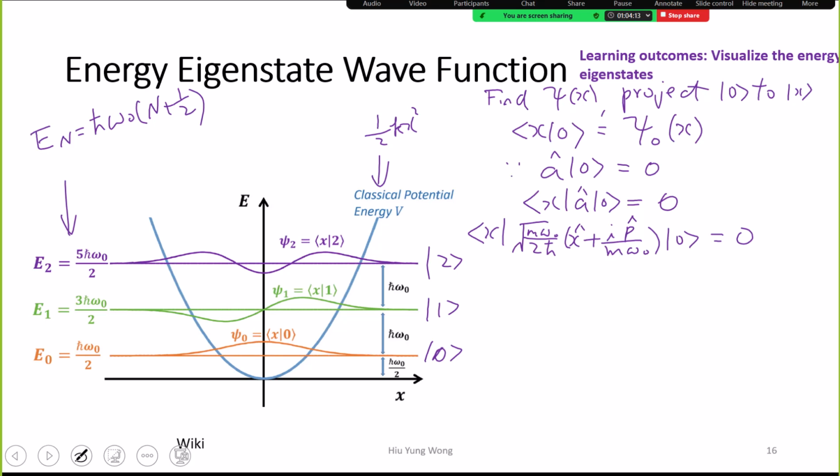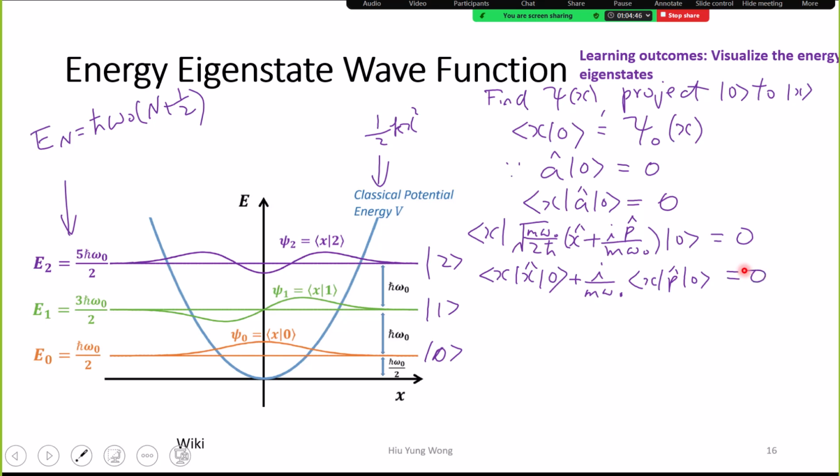The first term gives me x hat 0. The second term will give me i over m omega naught, x p hat 0.